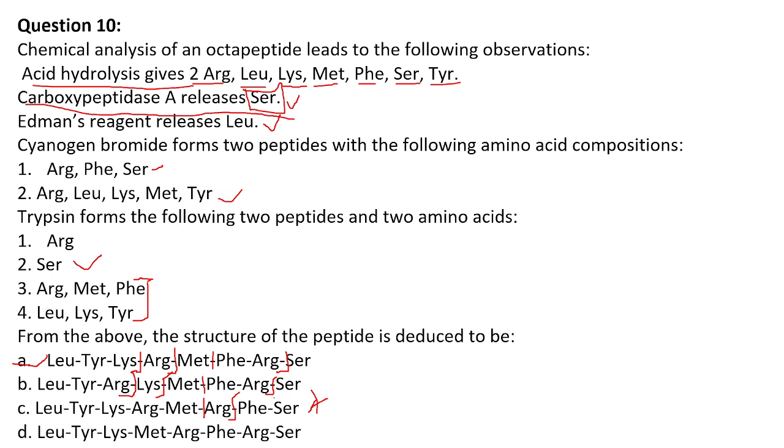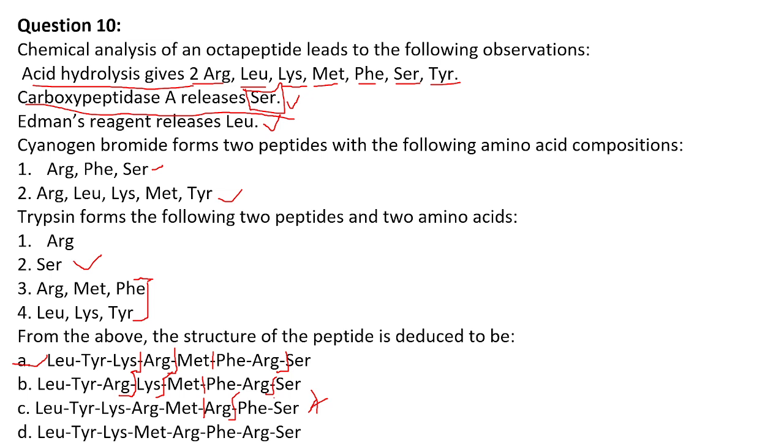So it will give leucine, tyrosine, arginine. But one will have leucine, tyrosine, arginine, but no. It is saying it gives leucine, lysine, and tyrosine. So it gives leucine, lysine, tyrosine. According to this, option A is correct.